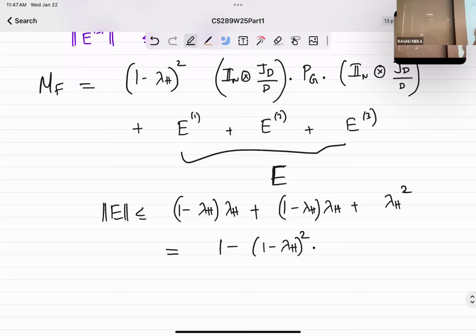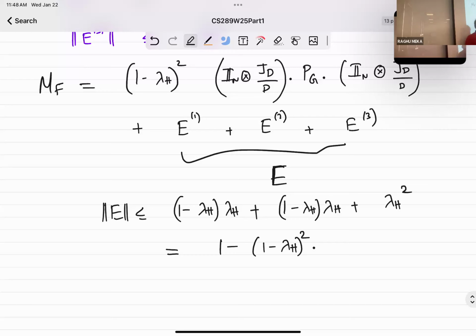And then we have some error term, but we can control it as this. Particularly if lambda H is very small, like let's say 0.1, the error term has very small spectral norm, like 1 minus 0.9 squared, that's going to be 0.2 and so on. As lambda H becomes close to 0, the norm of the error also gets close to 0.